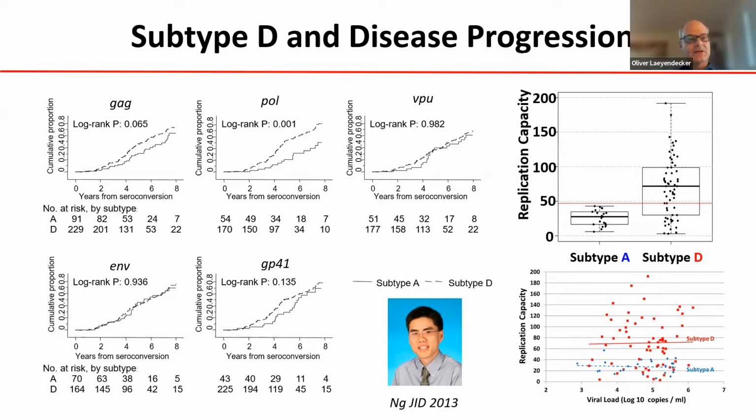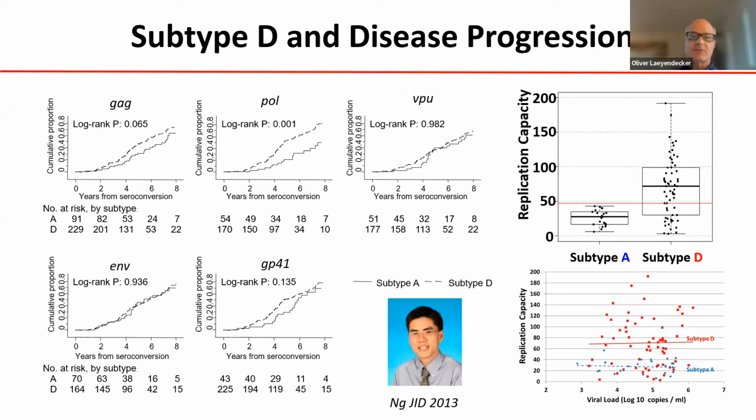And so he looked independently at all those individuals where we had known dates of seroconversion and disease outcome, and looked for, okay, among these individual regions, what was most associated with rapid disease progression, or differential disease progression between subtype A and subtype D.